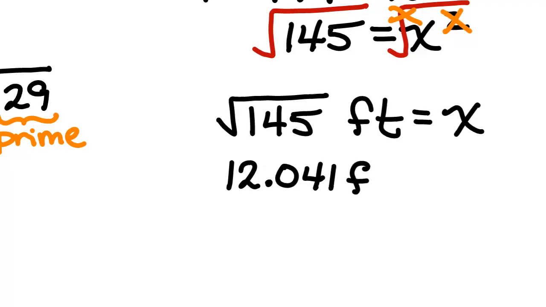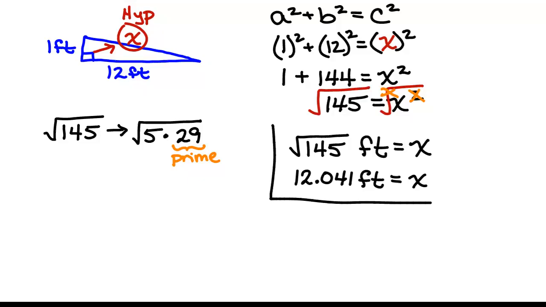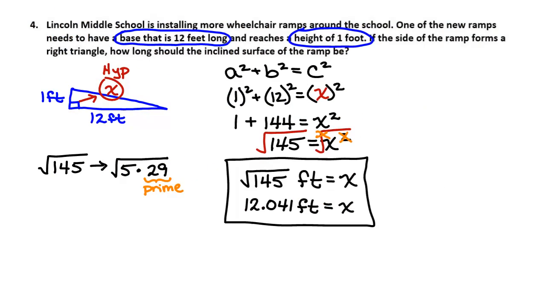There we go. 12.041 feet. So again, you will decide how to give your answer back based on the directions. If the directions do not say, you're going to leave it in reduced radical form. If the directions say they want a decimal, then you'll put it into decimal form.